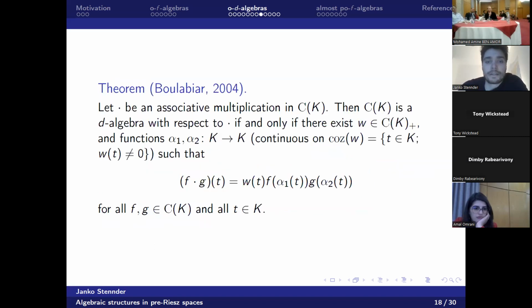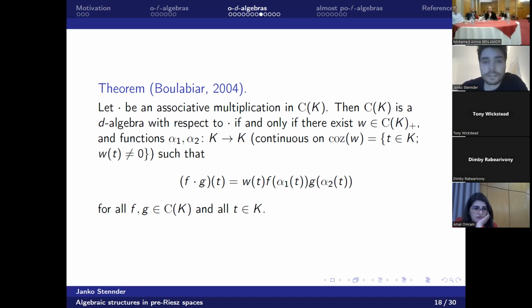And again, I want to start with representations on C(K) spaces. Boulabiar proved in 2004 that an associative multiplication on a C(K) space is a D algebra if and only if we find such a weight function and two maps from K to K, such that we can write the product as such a weighted composition multiplication.